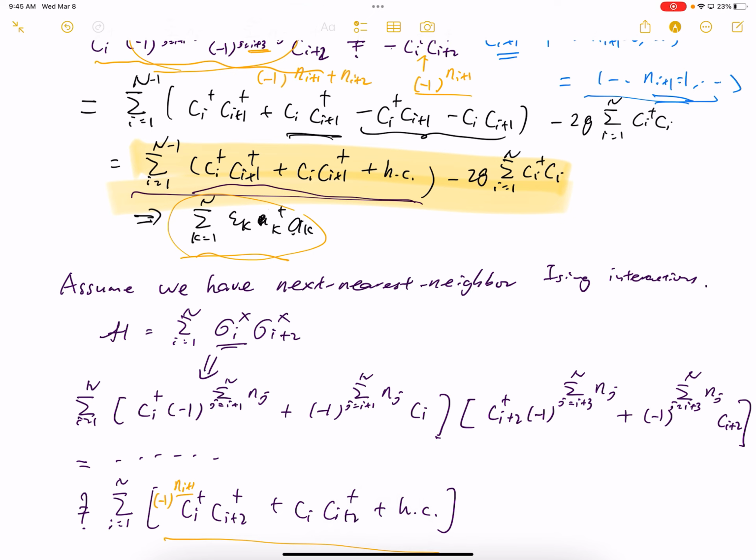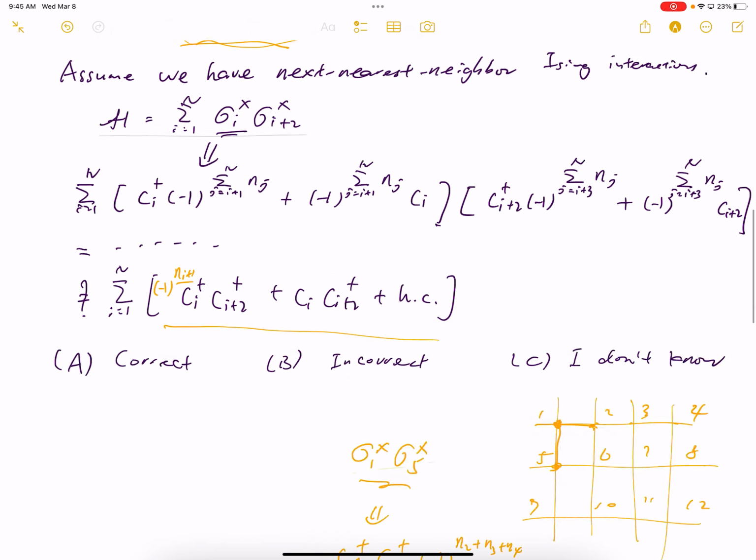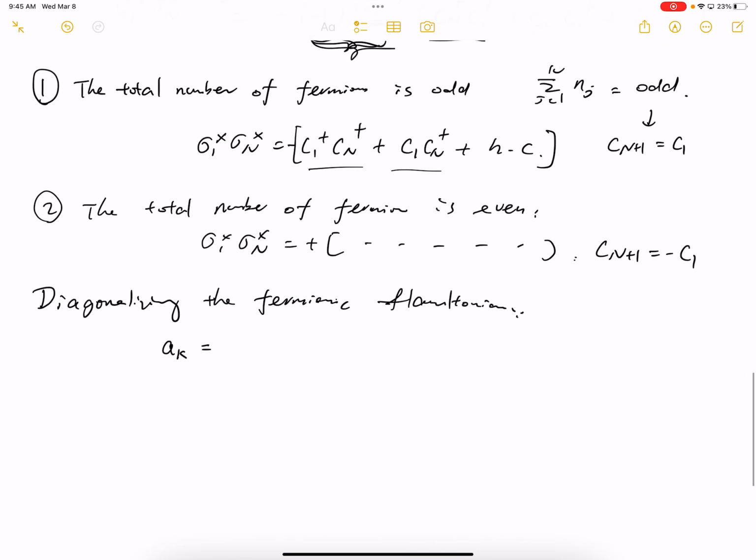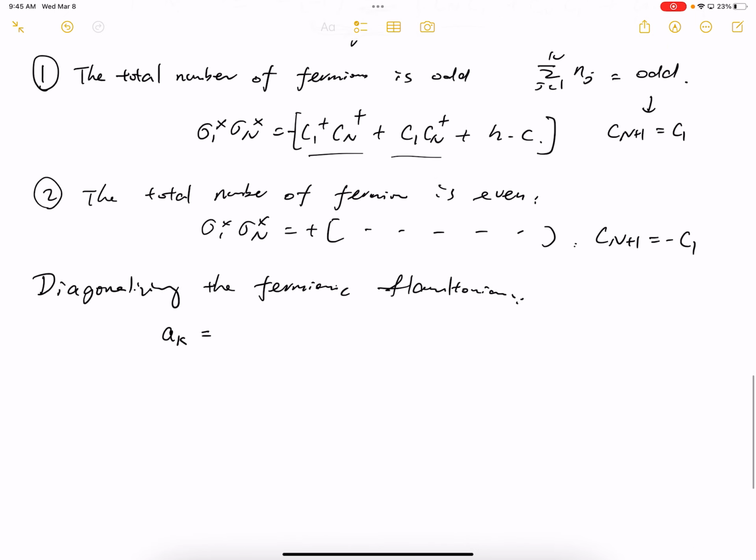So I use the notation B here. Let me first introduce the A operators, which are the creation and annihilation operators of the actual fermions in the momentum space. Same discrete Fourier transformation as before.